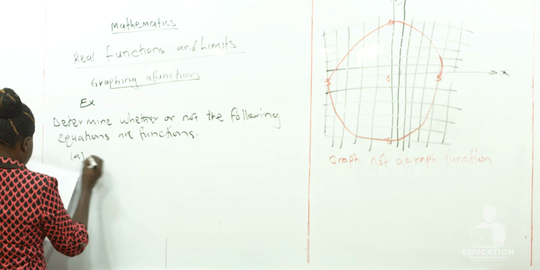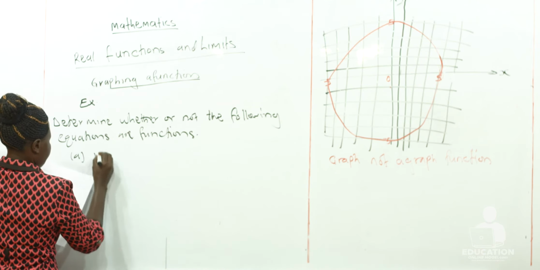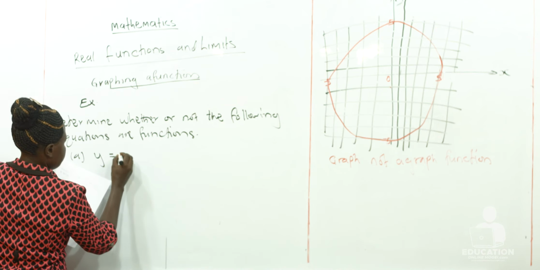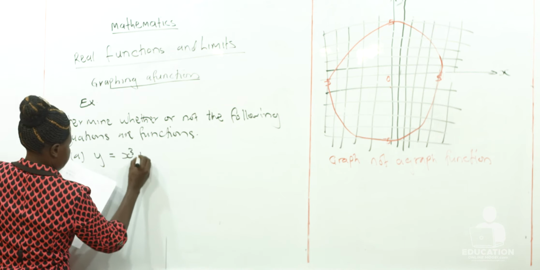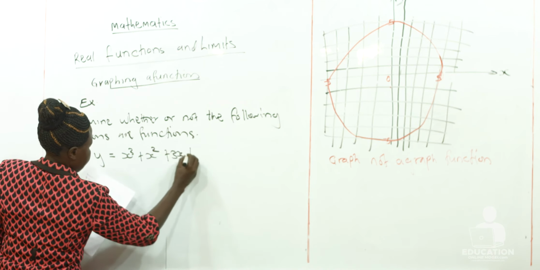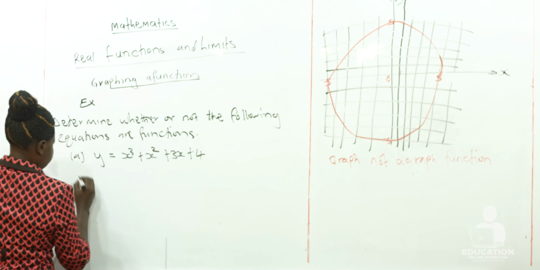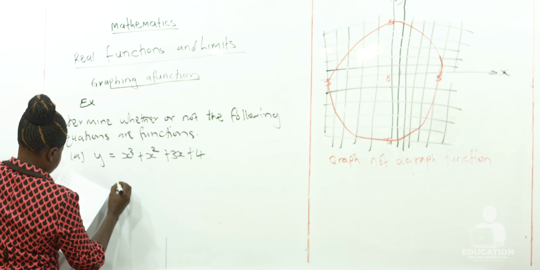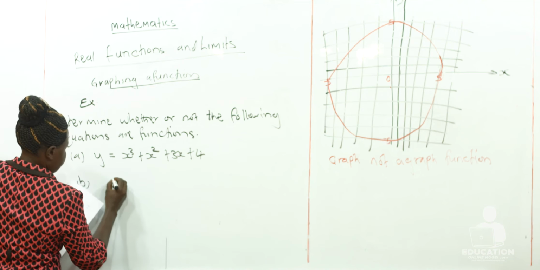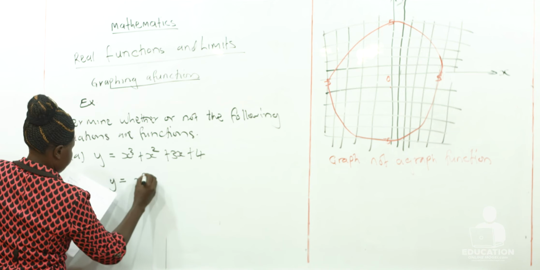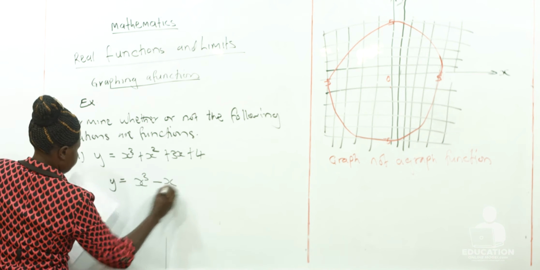A: y equals x cubed plus x squared plus 3x plus 4. B: y equals x cubed minus x.